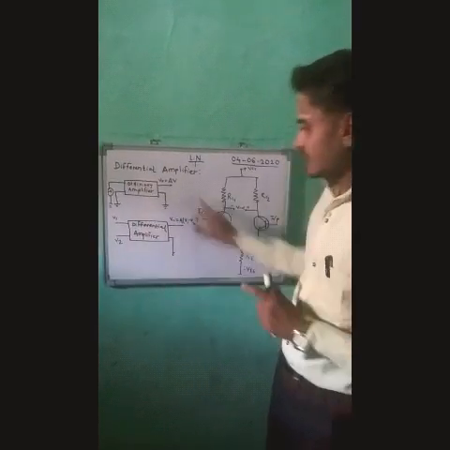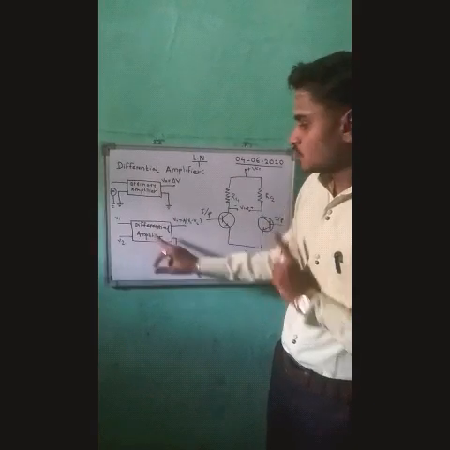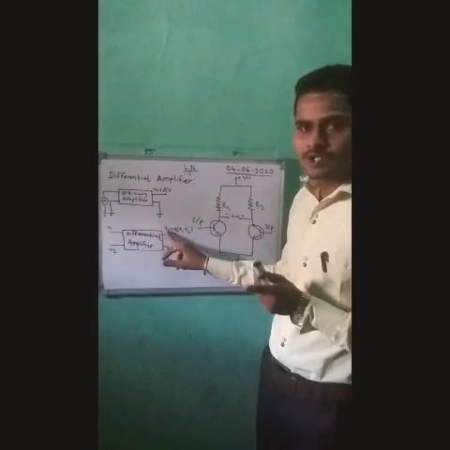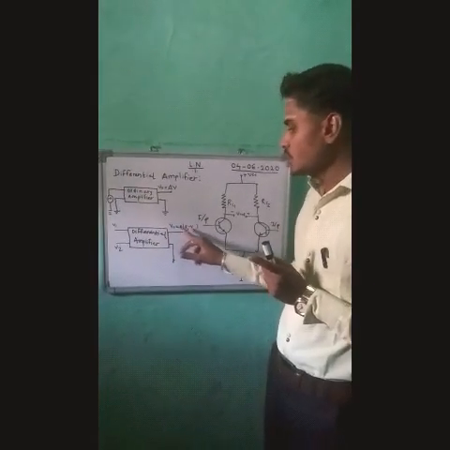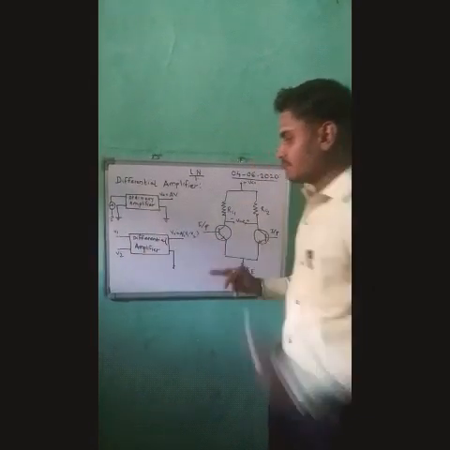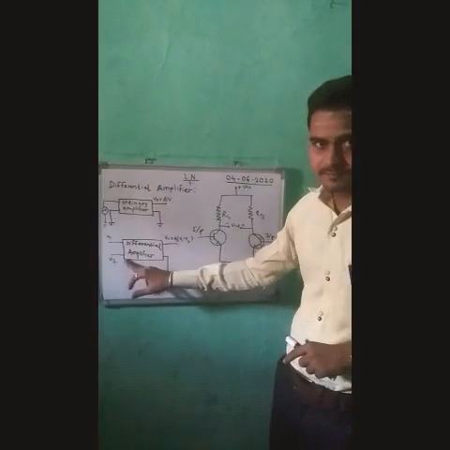Here, see this diagram. V1 and V2 are the input signals to the differential amplifier, and the output V0 is equal to A(V1 minus V2). A is the voltage gain, that is, the gain of the amplifier, and V1 and V2 are the input signals.